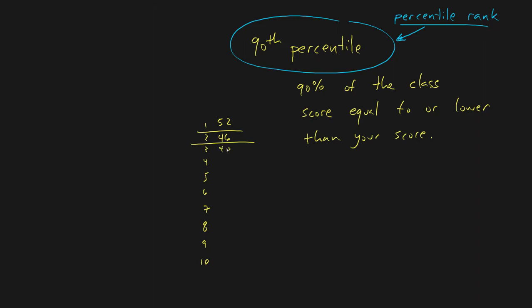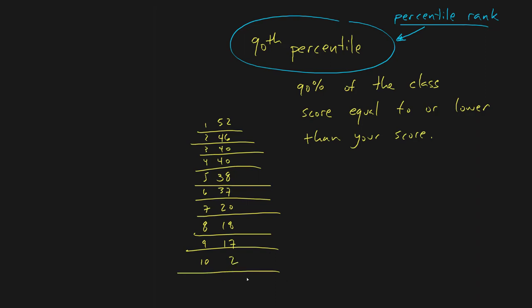So there could have been 2 people that got 40s, and maybe a couple of people were in the 30s, and then everybody else after that was 20 or lower. So if your class is very small, there's only 10 people, you got 46, so let's highlight you there. You are in the 90th percentile.